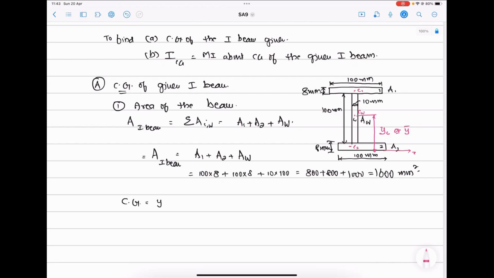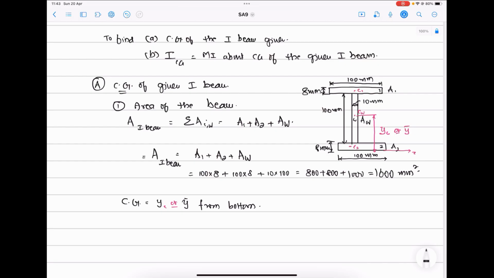We can say this is the center of gravity of the total I-beam also. That we will find out now. The center of gravity of the I-beam is, let us say, yc, or we can say it is y bar from the x-axis, from the bottom.